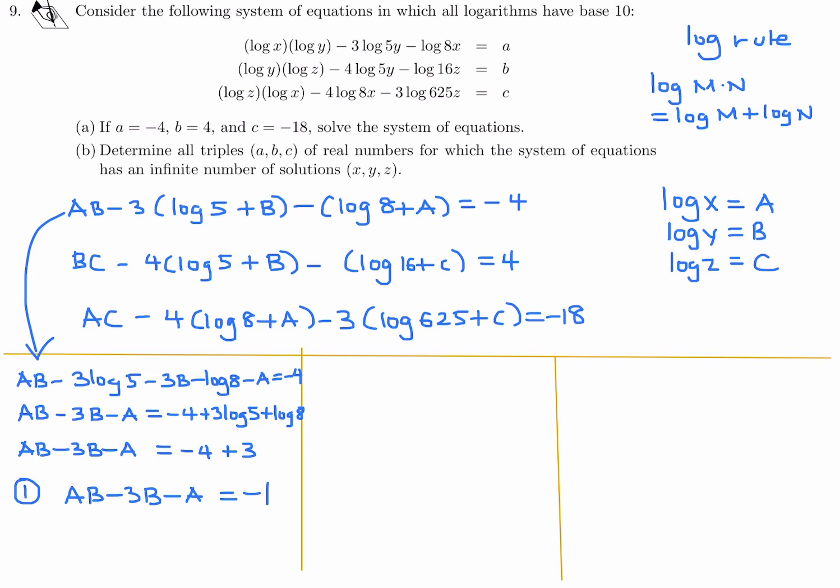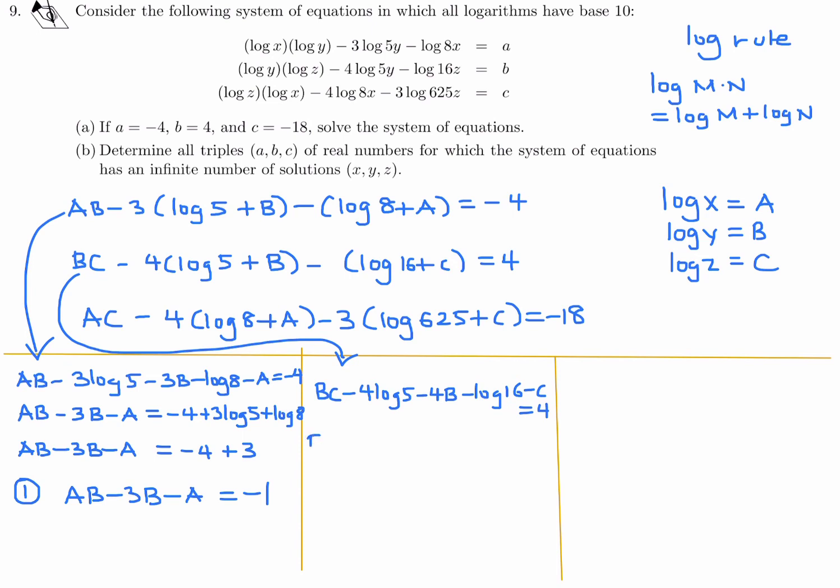Okay, we do the same sort of story now with this one. That one, bc, is equal to, well, minus 4 log 5 minus 4b minus log of 16 minus c is equal to 4. Okay, so as before, I put all the numbers on one side and all the letters on one side.